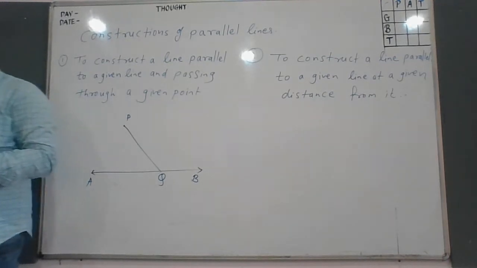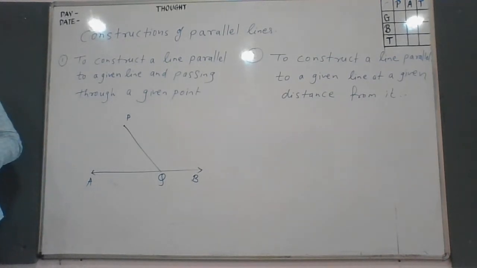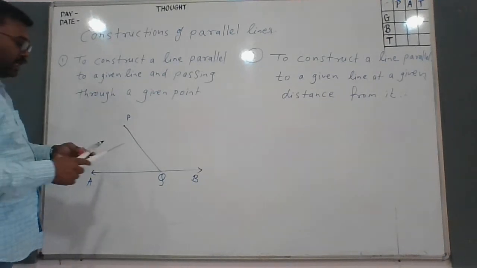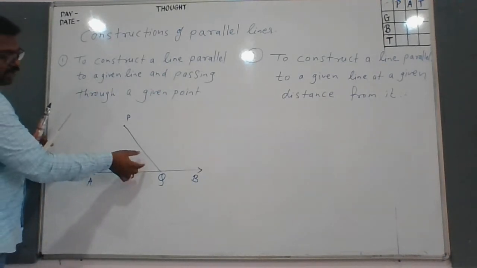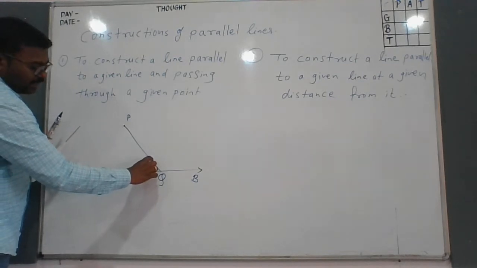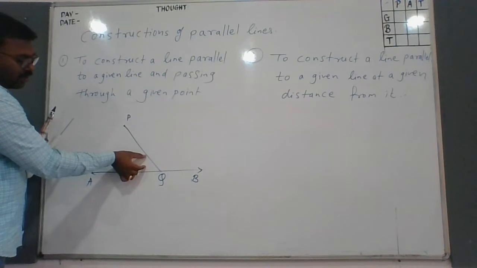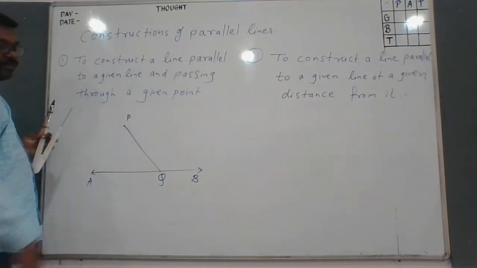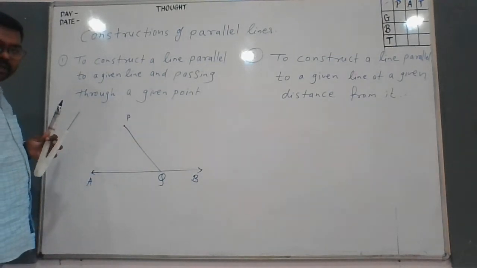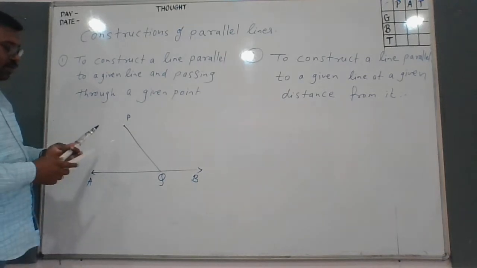And here we will follow the construction of congruent angles. If you remember, on the first day of this chapter when we started, we learned the congruent angle construction. Now, whatever angle is formed here, PQA, its congruent angle we will draw from the point P. Okay, construction of the congruent angle.